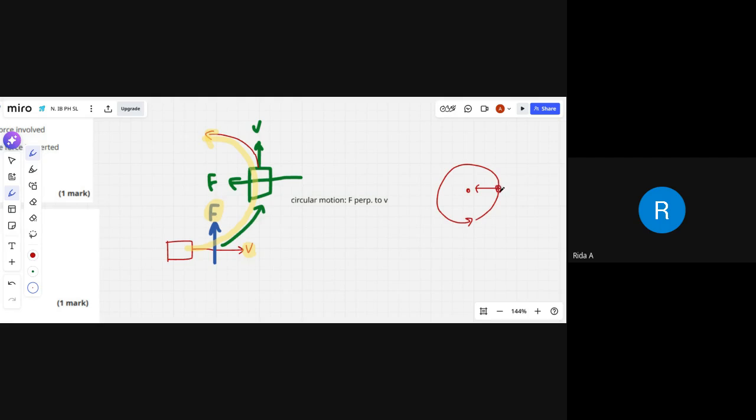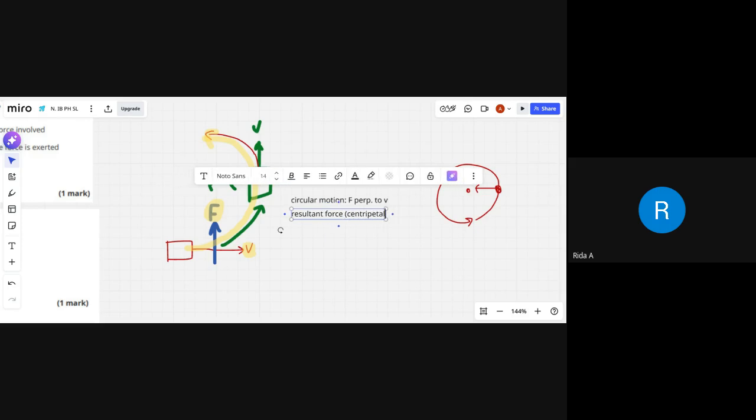Wherever the object is along its path, the resultant force is always towards the center of the circle, and we call it the centripetal force, okay? So in circular motion, the resultant force is called the centripetal force, and it's towards the center of the circular path.